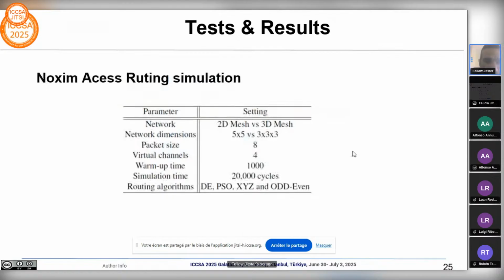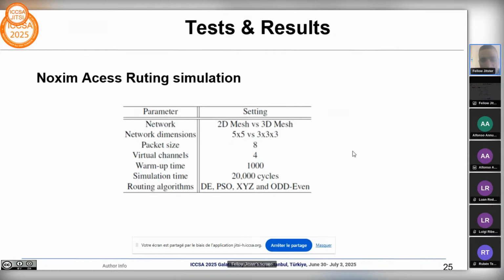After that, we simulate our results. We used the Noxim access routing simulator, and the parameters used in this simulation are network dimension 5 by 5 in 2D, 3 by 3 by 3 in 3D.